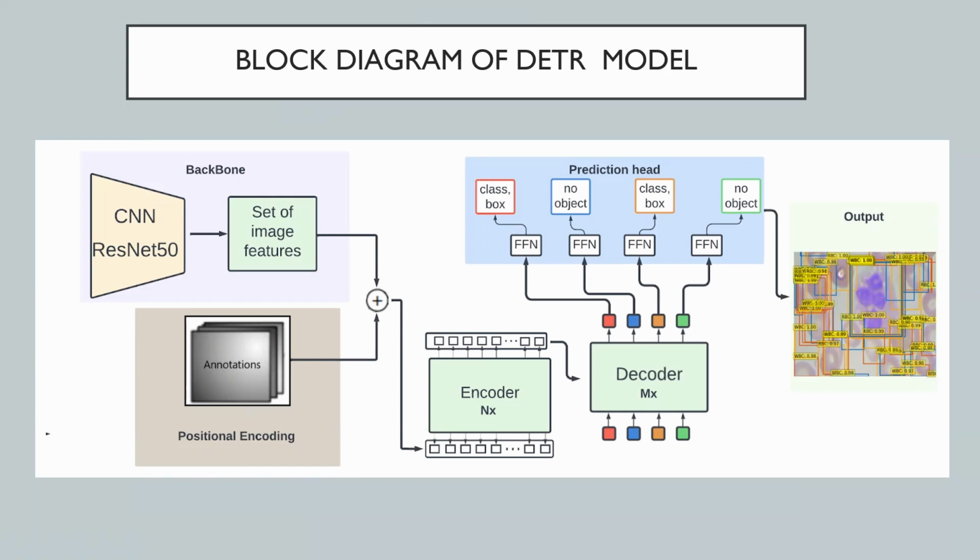The DETR model takes the whole image into a single consideration, and the model processes the entire image using an encoder network, typically a convolutional neural network, CNN model, to extract a set of feature maps. These feature maps contain information about images at different levels of abstraction.